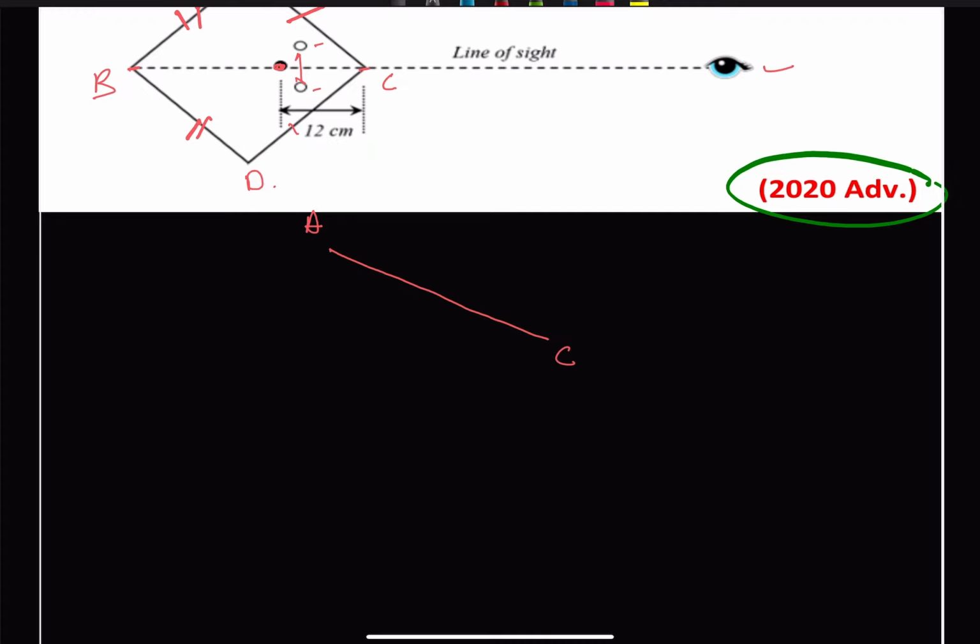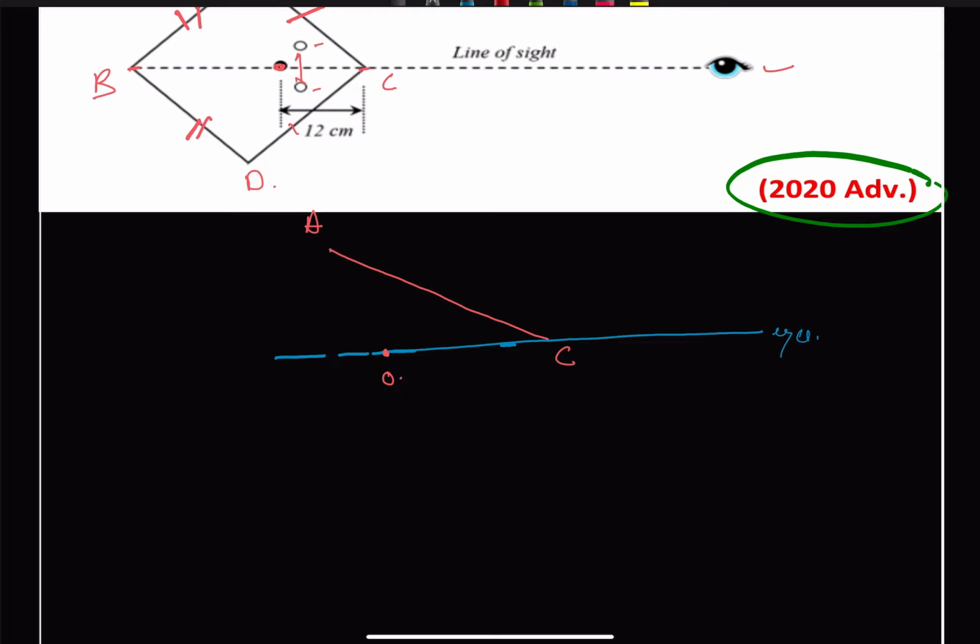And this is our line of sight, and from here we have our eye, and the object is suppose somewhere here. This is our object. We are given that there are two images formed, so one will be on the top side, the other one on the bottom side.